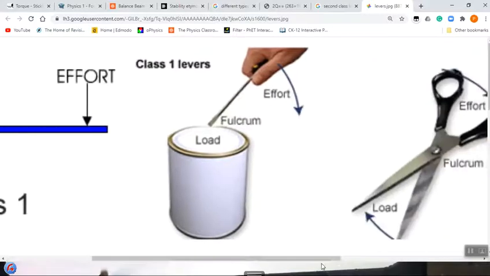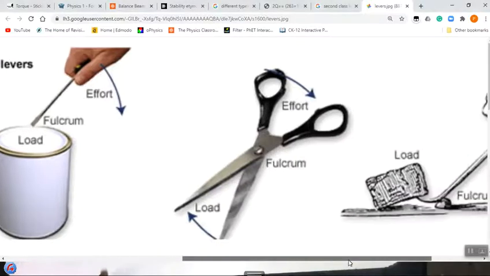Now, if we think about here, there is our tin. We lift up our tin by pushing down, and where the screwdriver's tip is, that's the fulcrum, the point where we make it move. We have a scissor.